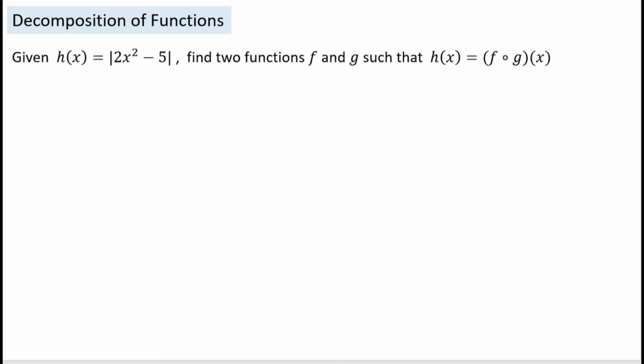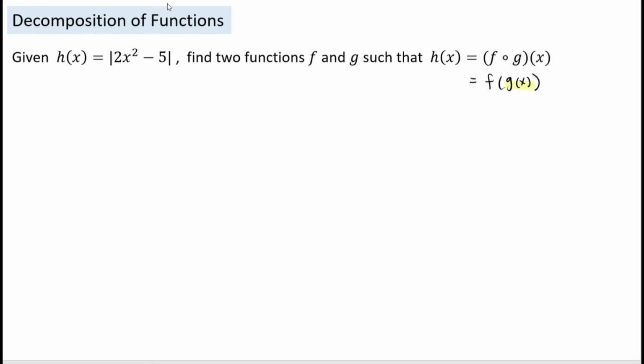Given the function h, find two functions f and g such that h of x is equal to f of g of x. The function h of x looks like an absolute value function taking 2x squared minus 5 as an input.